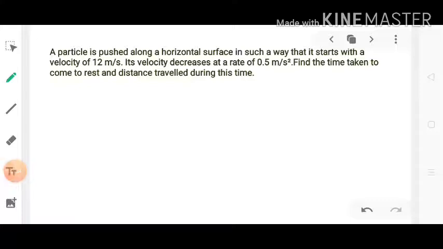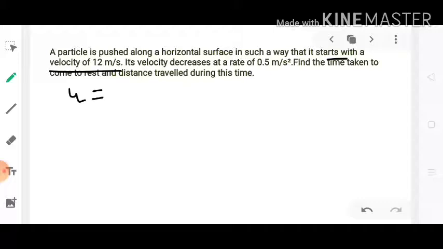Next question. A particle is pushed along a horizontal surface in such a way that it starts with a velocity of 12 meter per second. Its velocity decreases at a rate of 0.5 meter per second square. Find the time taken to come to rest and distance traveled during this time.